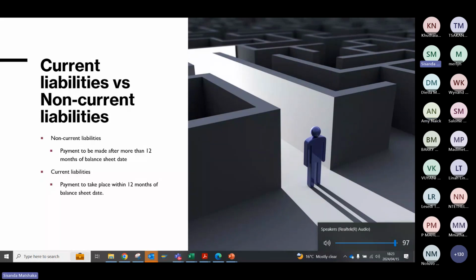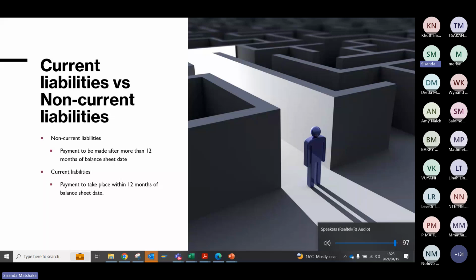All right, so let's start off with non-current liabilities. That is when a payment to be made is more than 12 months after the balance sheet date, or after the statement of financial position date.